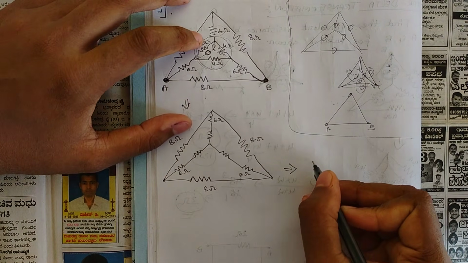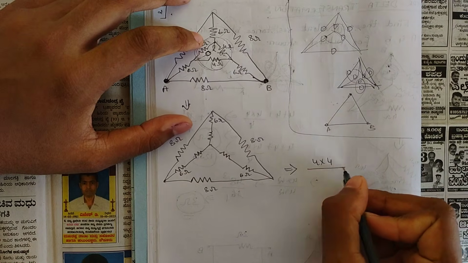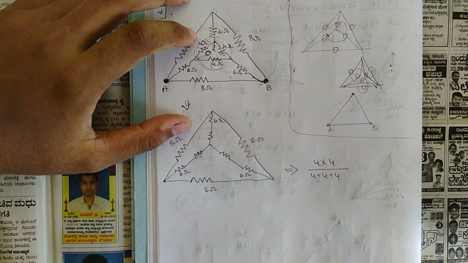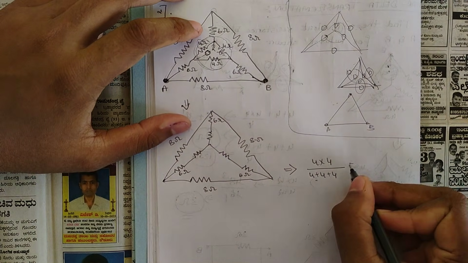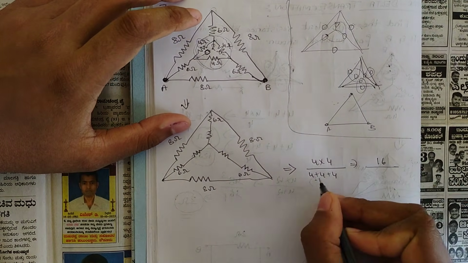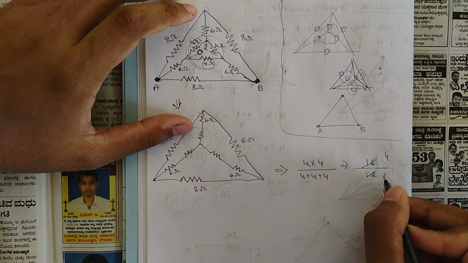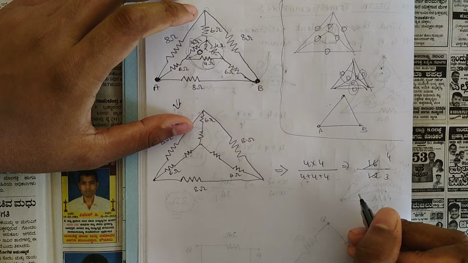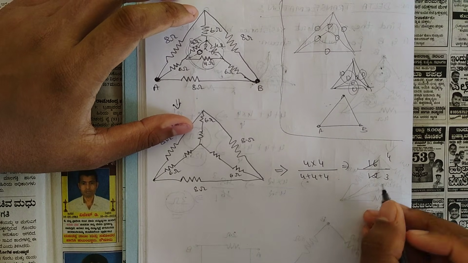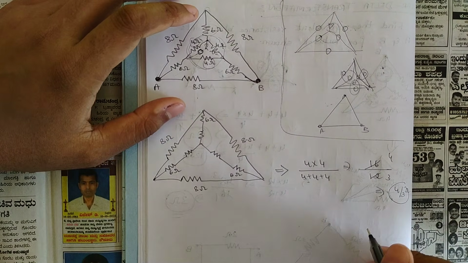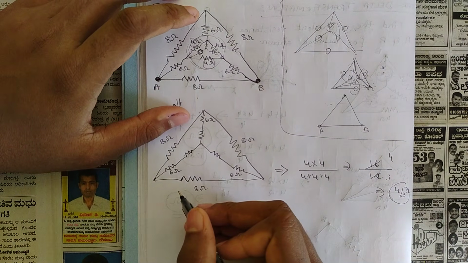That is 4 into 4 divided by 4 plus 4 plus 4. 4 fours are 16, 4 plus 4 plus 4 is 12. So you would get our answer as 4 by 3.